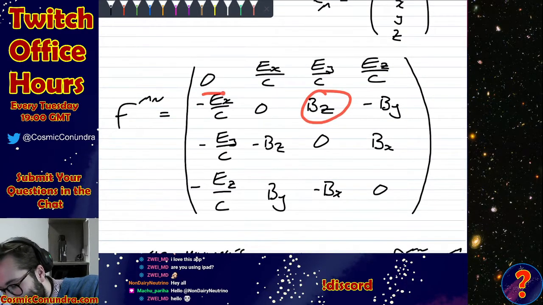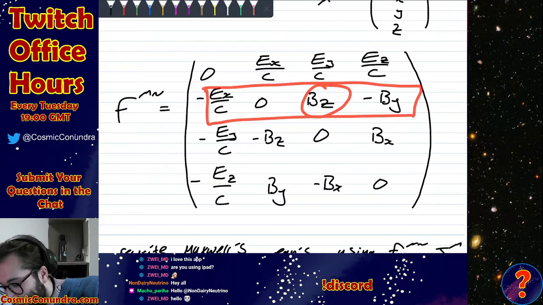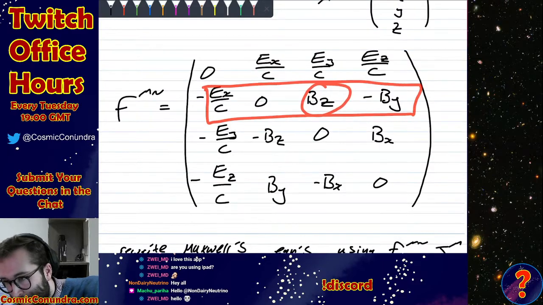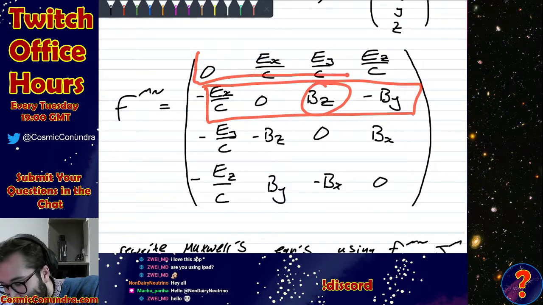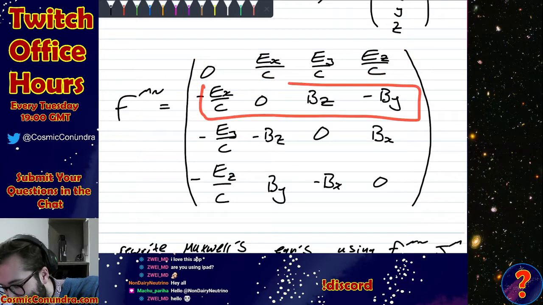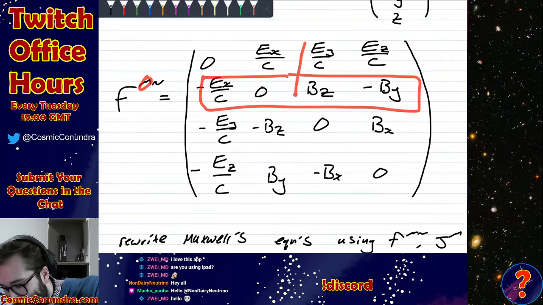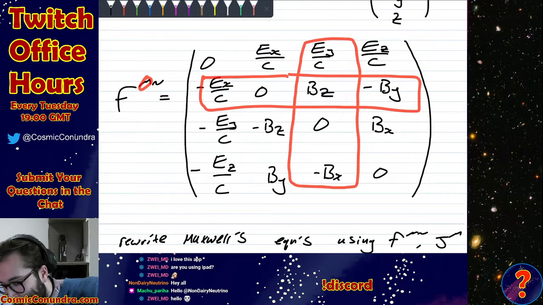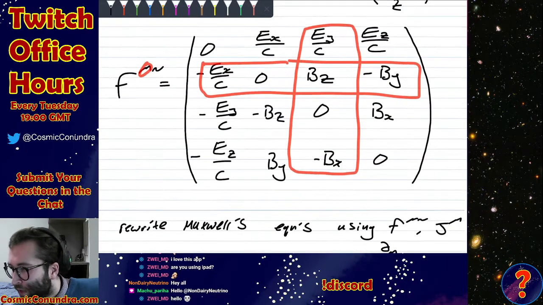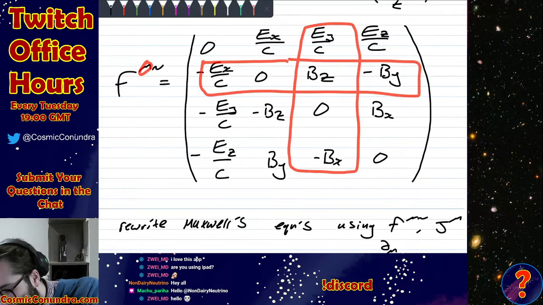This is in the first row of the tensor. Because again, remember, I count this as the 0th row up here. So this is row 1. So it has mu is 1. And it has column of 2. Okay. So this will be given by F12.